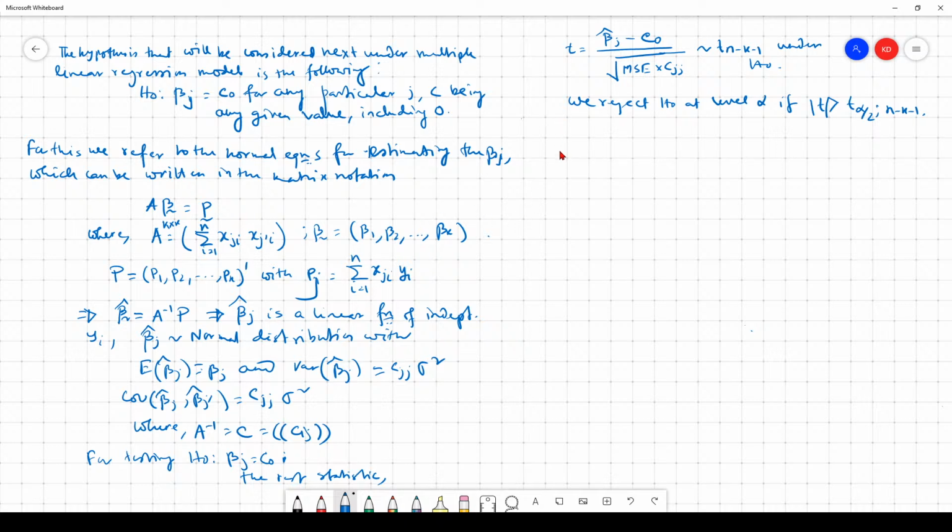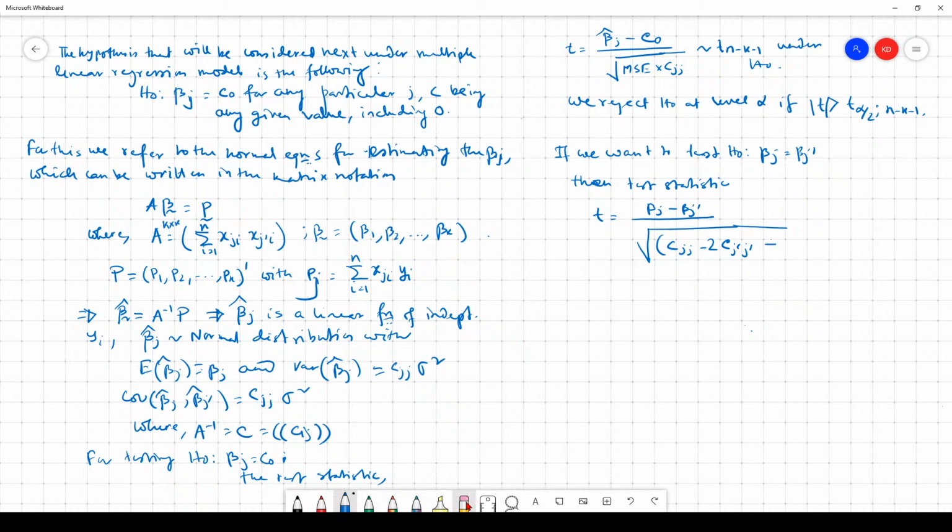So now if you want to test H naught: beta j equal to beta j prime, then similarly you can define the test statistic, and again it is a T which is equal to beta j hat minus beta j prime hat over the root of Cjj minus 2 Cj j dash plus Cj dash j dash, into MSE.